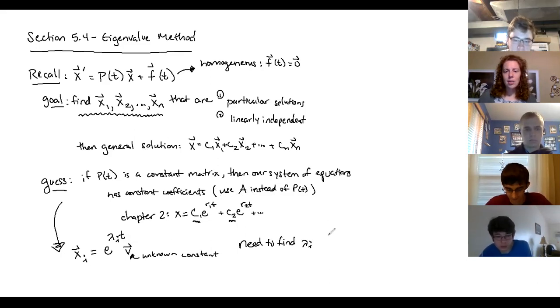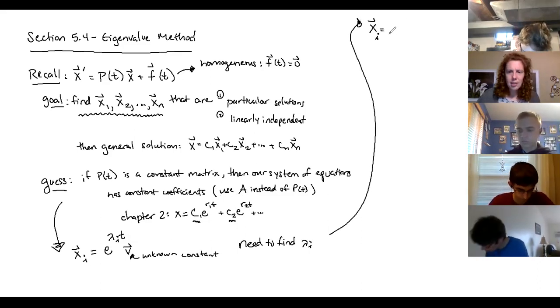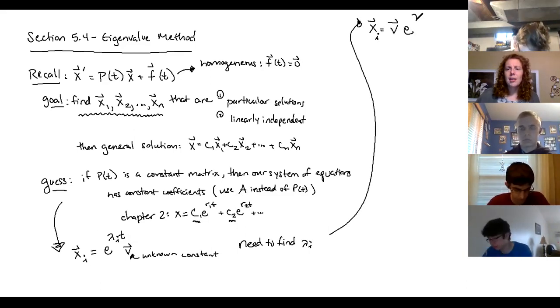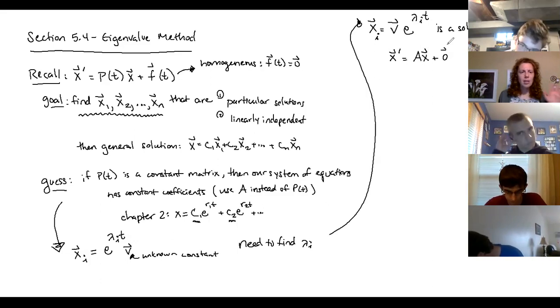Here's what we're going to do. We know that our vector x sub i, with the v out in front, v e to the lambda i t, is a solution to my system of equations x prime equals Ax, technically plus the vector 0. I'll leave the plus 0 off in just a minute.